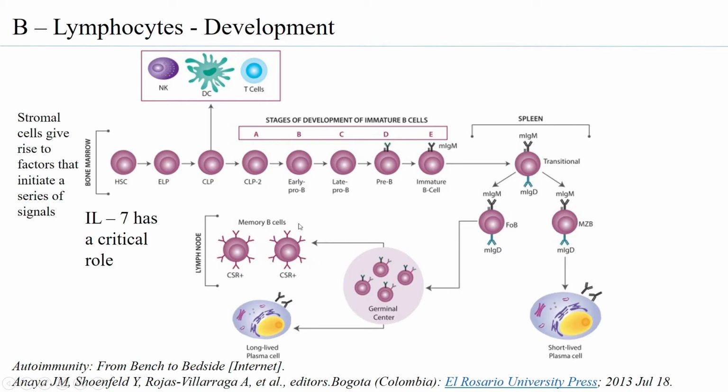Plus, it also gives rise to memory B cells, and therefore the B cells are able to create what is called immunologic memory. They're able to remember the antigen for a long period of time, as these memory B cells can last in the body for several years together.